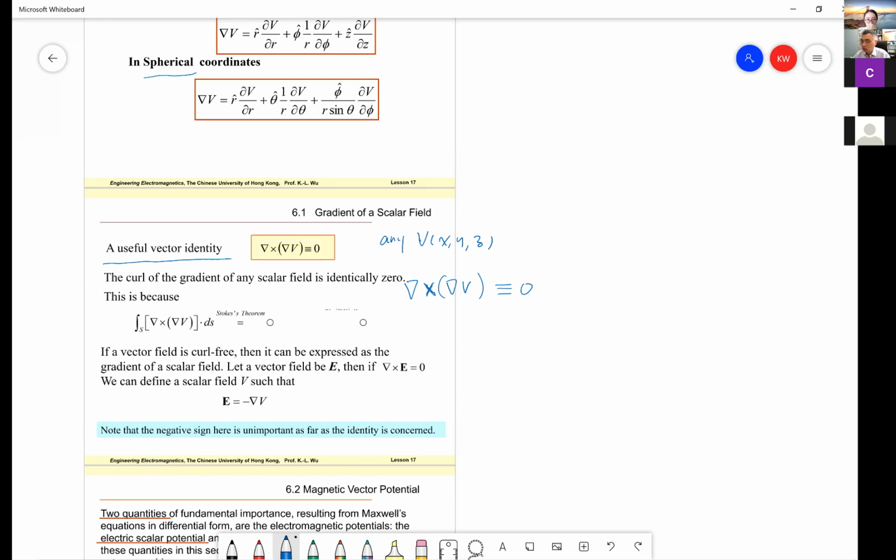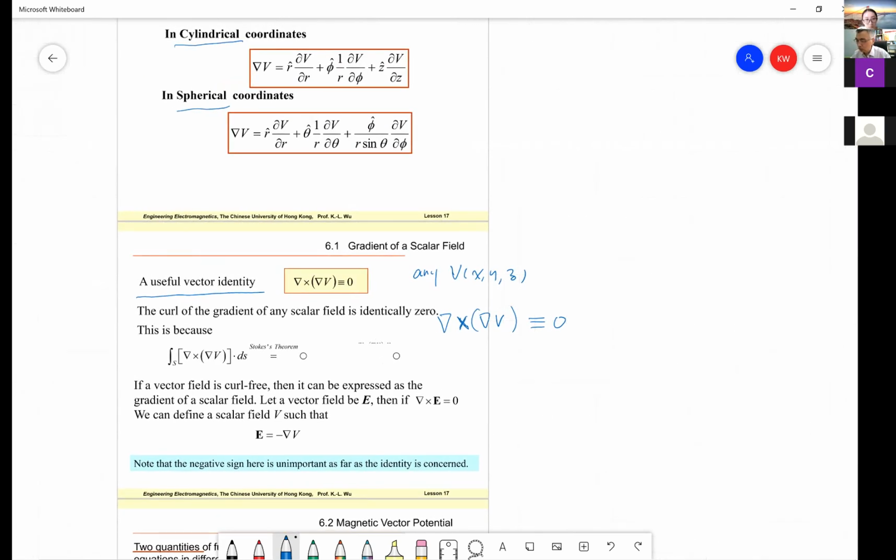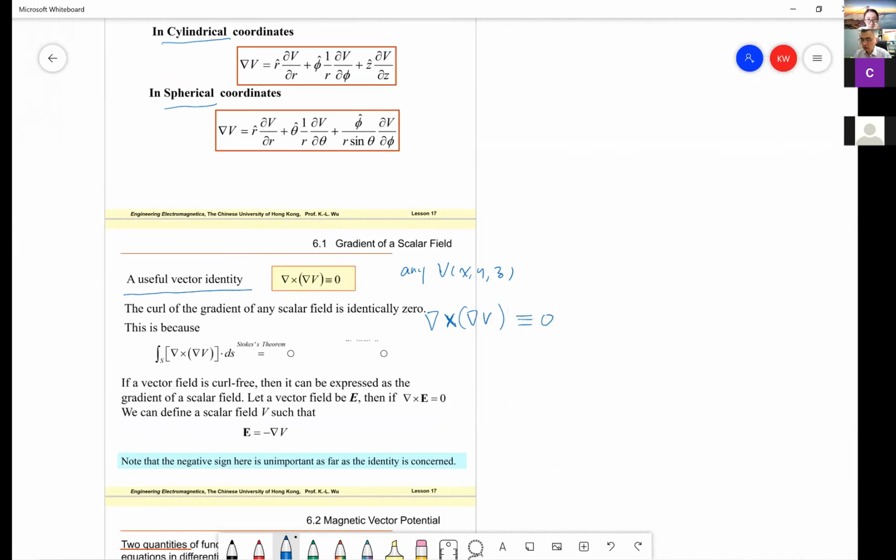Let's see how. Interesting, it doesn't convert. Can you see this part? I guess not. Okay, that's fine. Let's assume we take a surface integration of this on both sides. Let's take a surface integration of the divergence of a curl of the gradient.